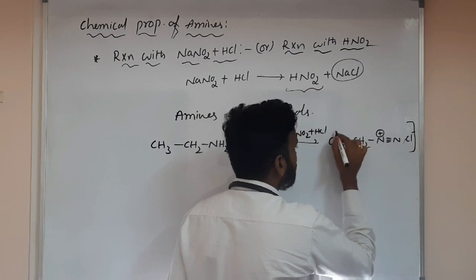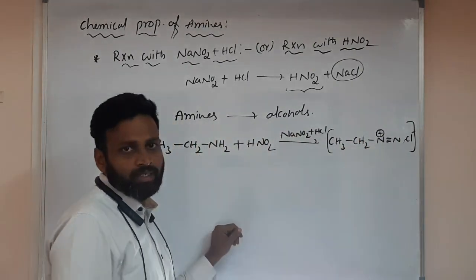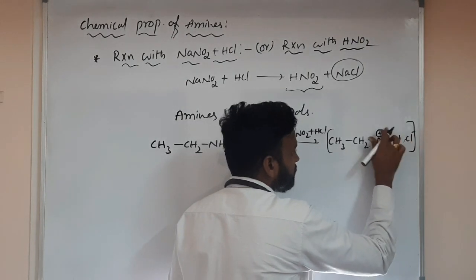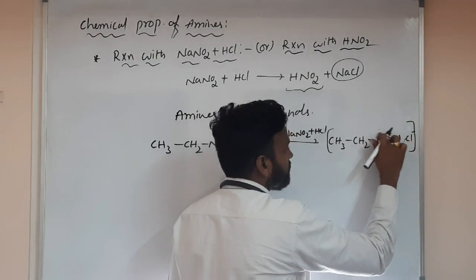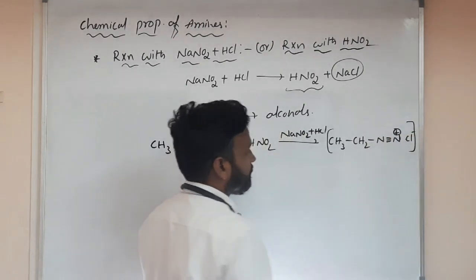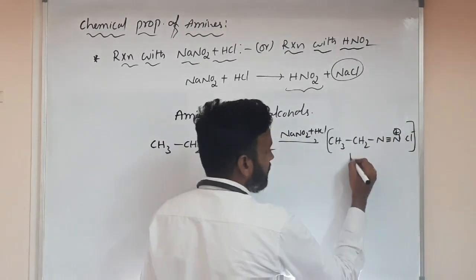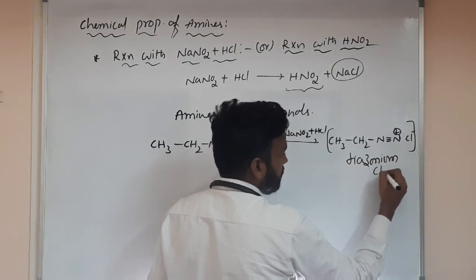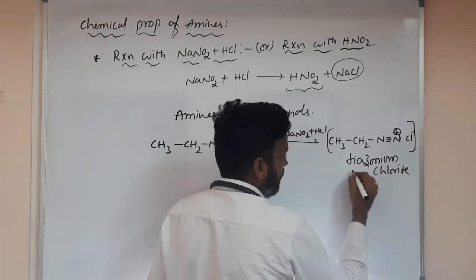What is this? Diazonium prepared. Here hydrogen is utilized, and you have N plus and Cl minus. What is this called? Ethyl diazonium salt, or diazonium chloride.